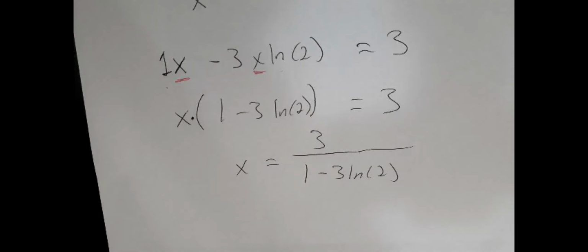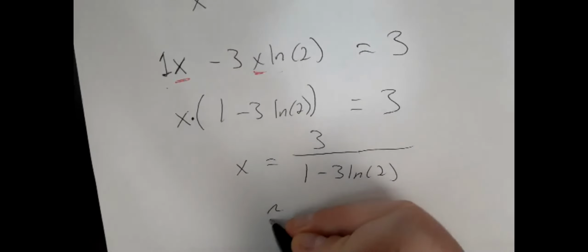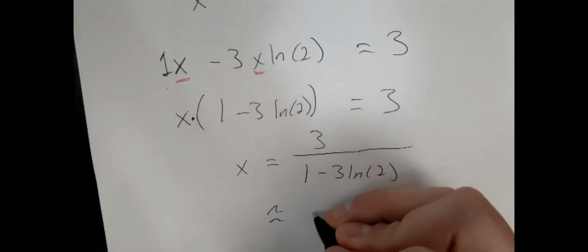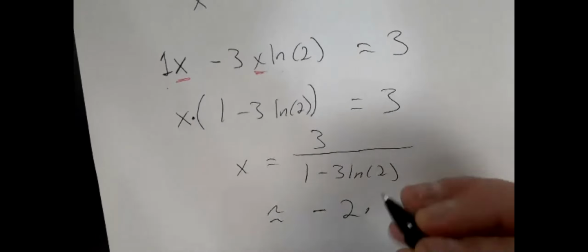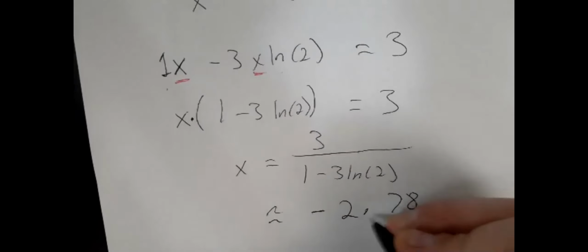If you want to approximate this, this is 3 over 1 minus 3 ln of 2. I'm getting a negative number, like negative 2 point, if we round it up, 7, 8, somewhere in that ballpark.